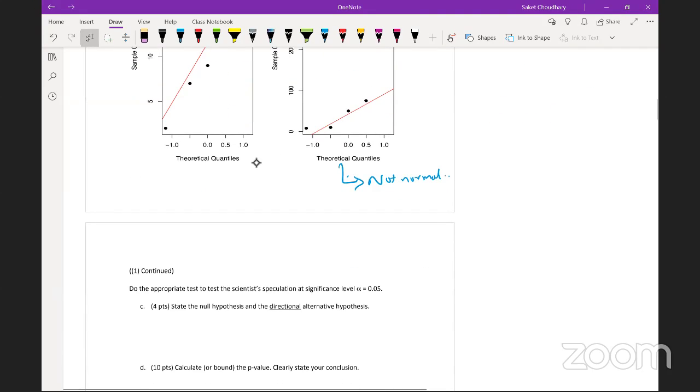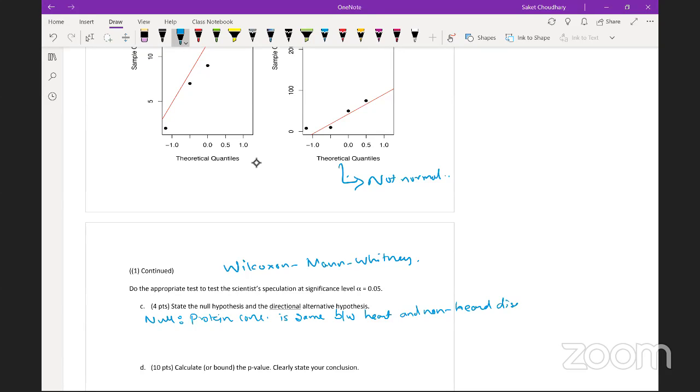The only choice of test that we are left with is the Wilcoxon test. So what's our null hypothesis? The null is that the protein concentration is the same for heart disease and non-heart disease.